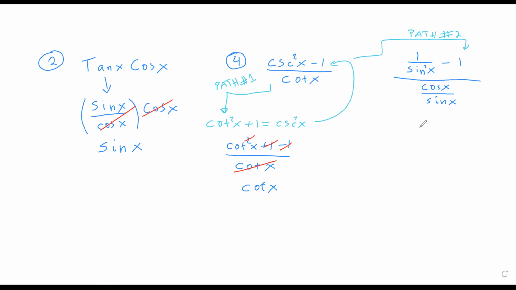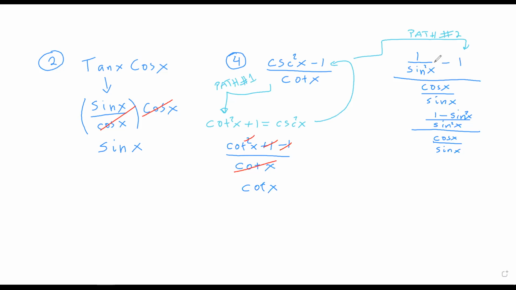Let's try to join these two. And we're going to have sine squared of x is equal to 1 minus sine squared of x. And here we've still got cosine of x divided by sine of x.